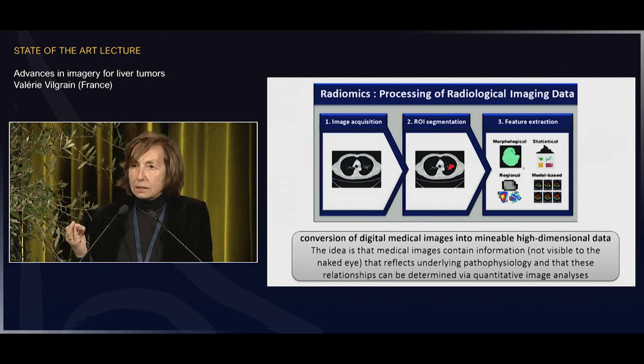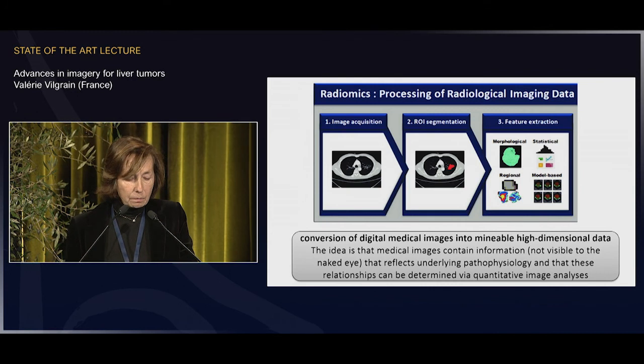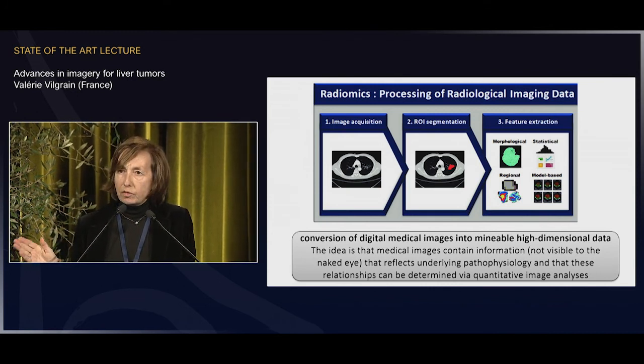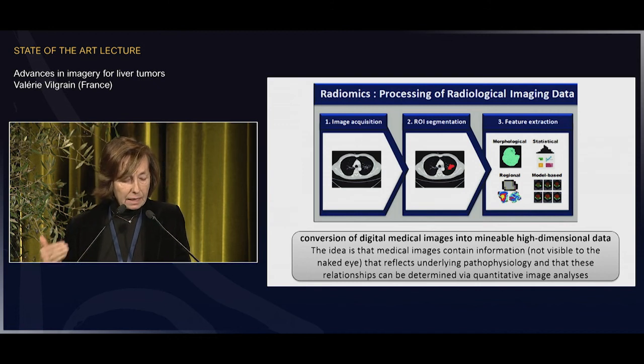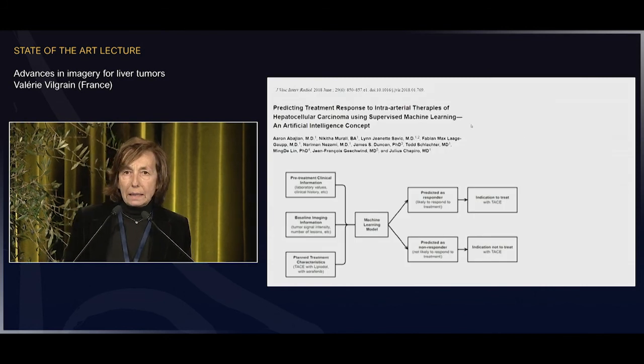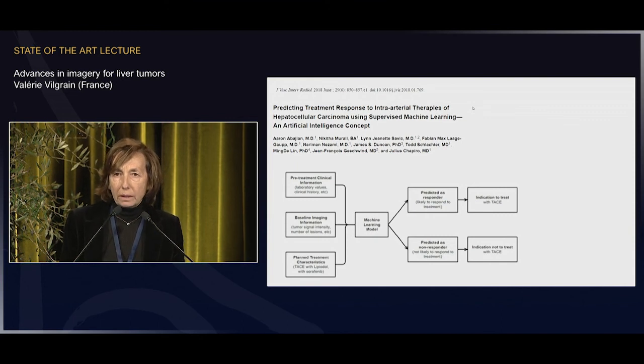The idea behind is that in these medical images, there is a lot of information which is not visible to the naked eye, and that reflects underlying pathophysiology. Just one example, because this is really the starting point: we see papers now dealing with radiomics. Radiomics by itself is interesting, but the diagnostic performance is not sufficiently high.